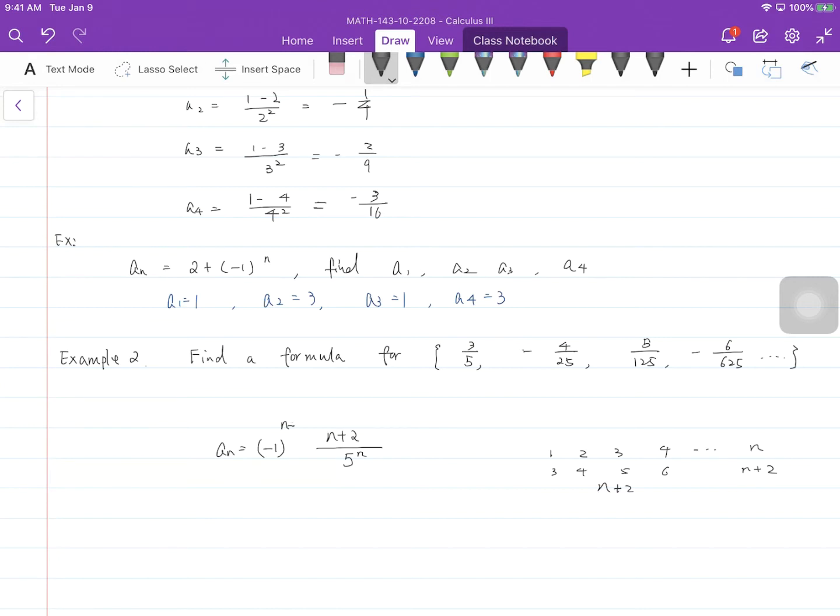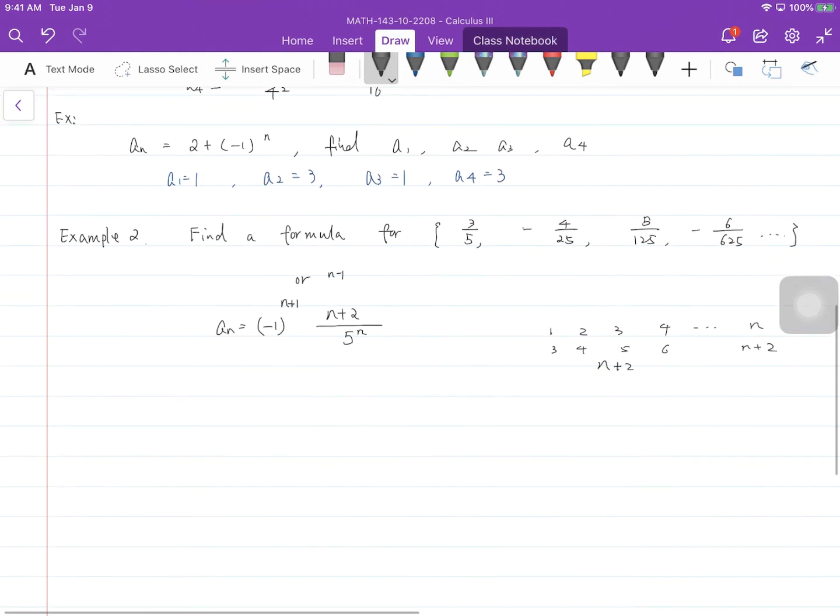So we can add 1, or you can do n minus 1. They both are correct. So the general term is -1 to the n plus 1, times n plus 2 over 5 to the n. Okay. Now you can try this one.